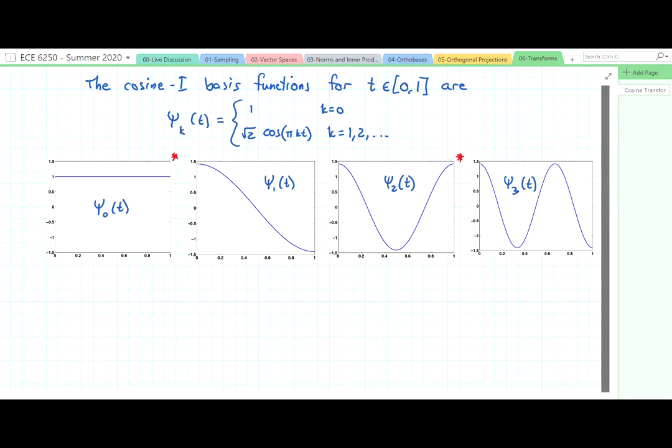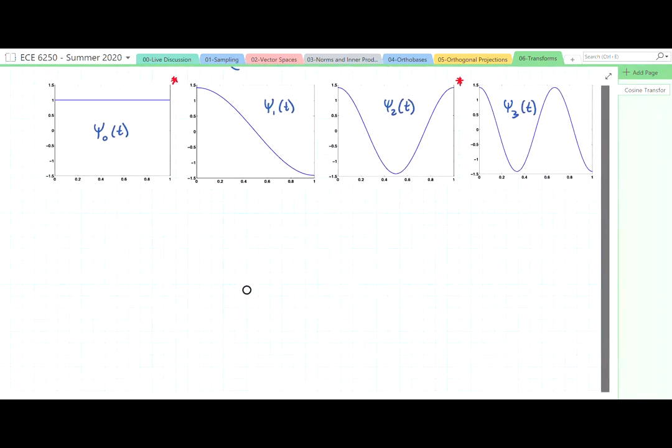Alright, so let's run through an example and see how this works. So we'll let x of t be a signal on the interval 0, 1 that we've been talking about. And we're going to use the standard inner product and the induced norm.